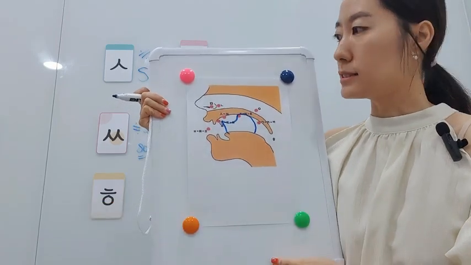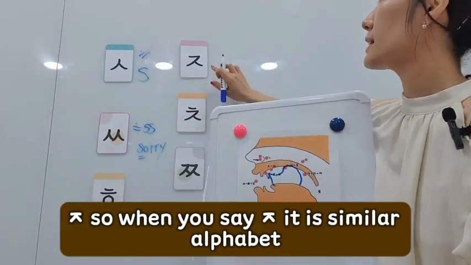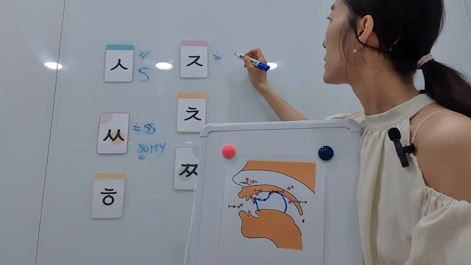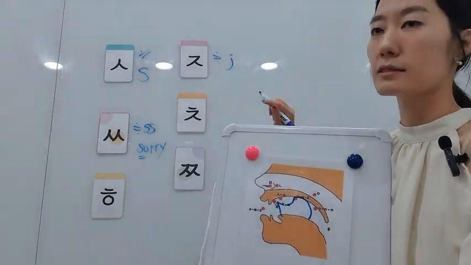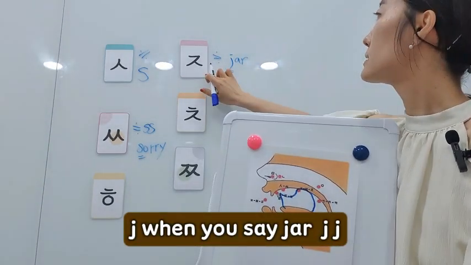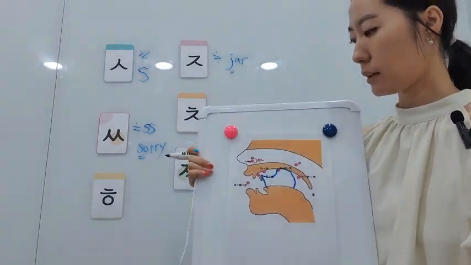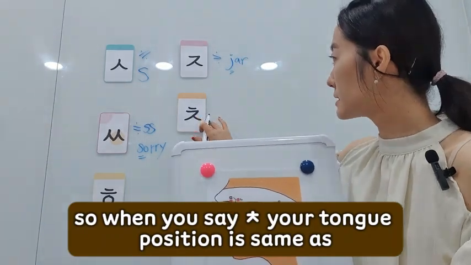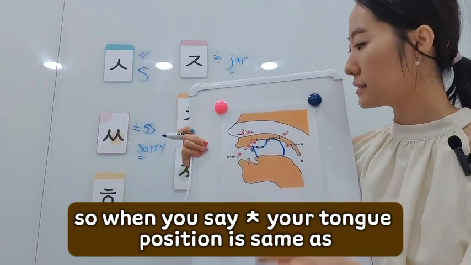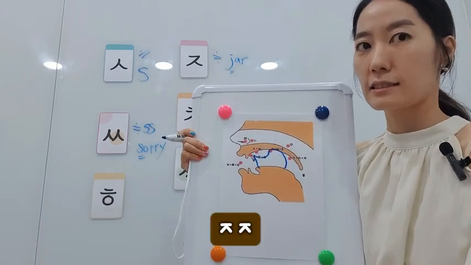즈, 즈, 즈. So when you say 즈, it is similar to the alphabet j. So when you say jar, 즈, 즈. So when you say 즈, your tongue position is same as j.